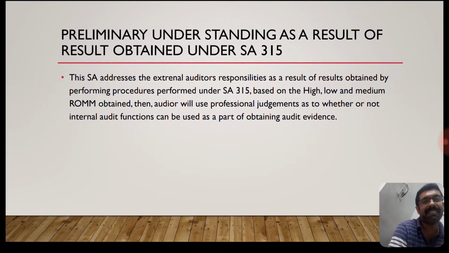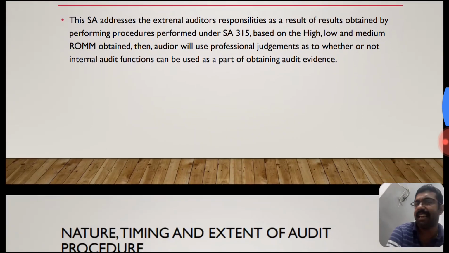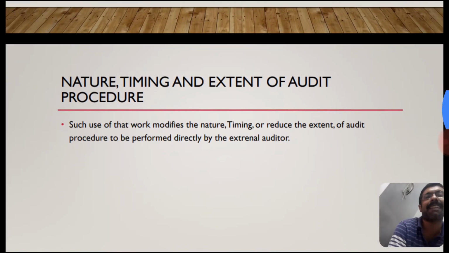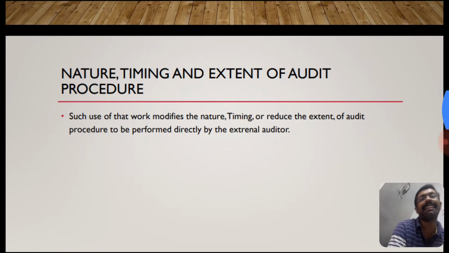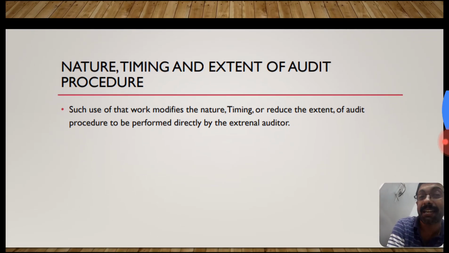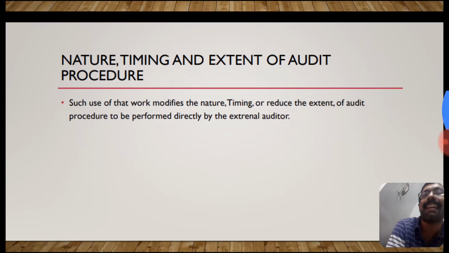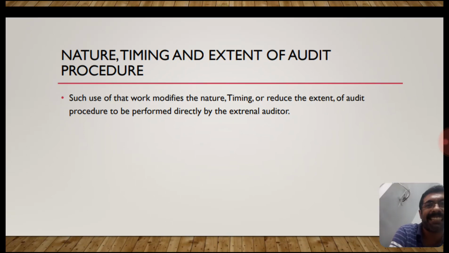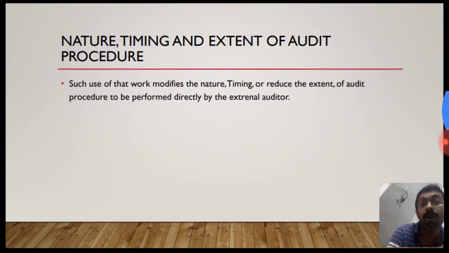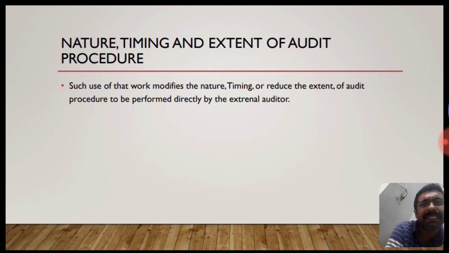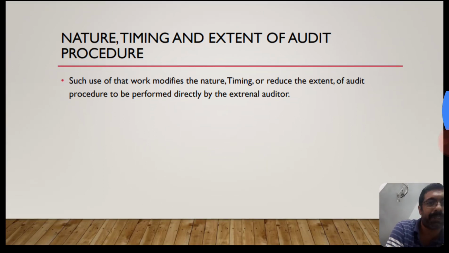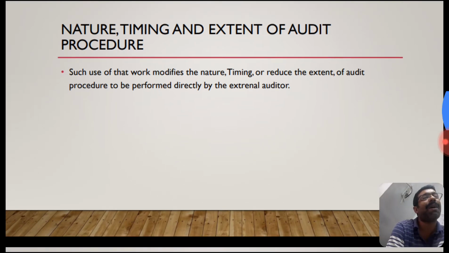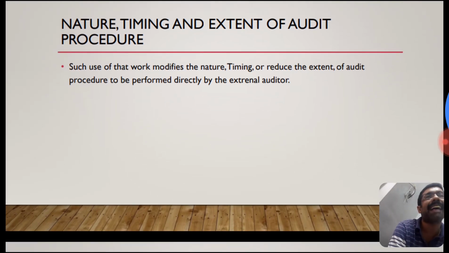Preliminary understanding: we already discussed that this standard requires us to understand the internal audit function and the environment in which it operates. If it is a high-risk area, then we should not use or avail the direct assistance. However, if the internal auditor's work is used by the external auditor for obtaining necessary audit evidence, then the following impacts arise.